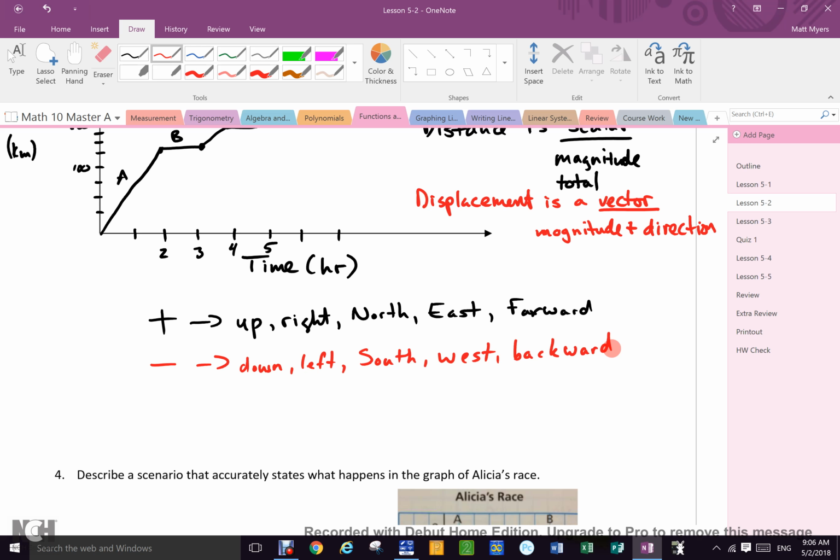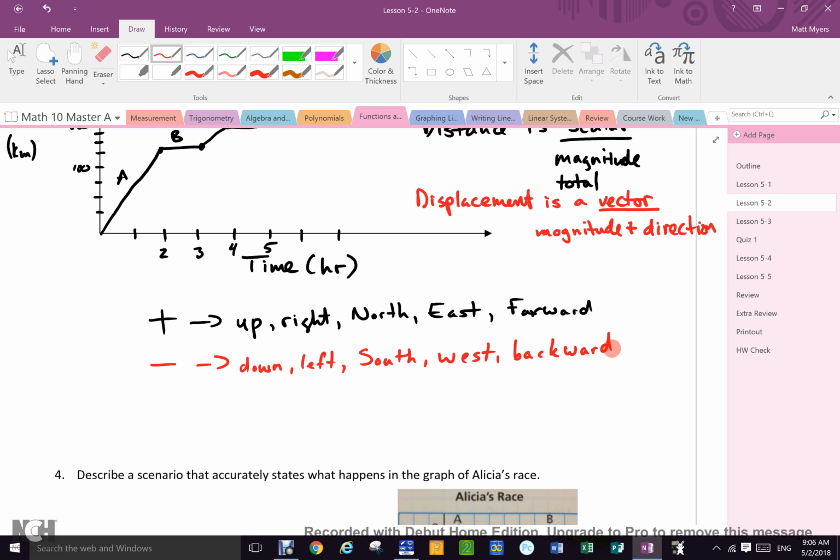What's my distance? No. 6. Distance has no direction. I have traveled 6 steps. What is my displacement? -6. Now, 1, 2, 3, 4, 5, 6. 6 positive steps.